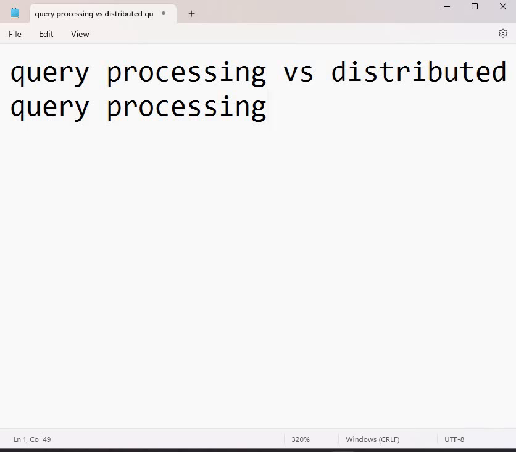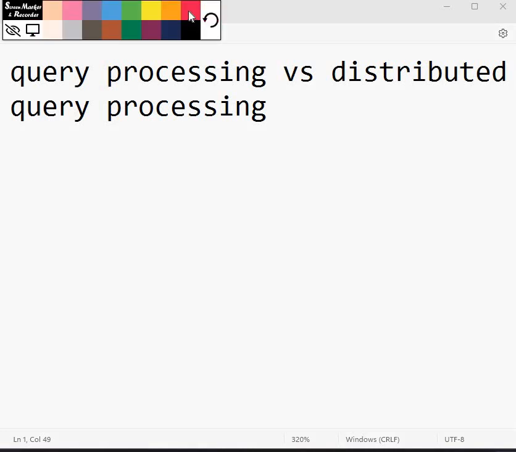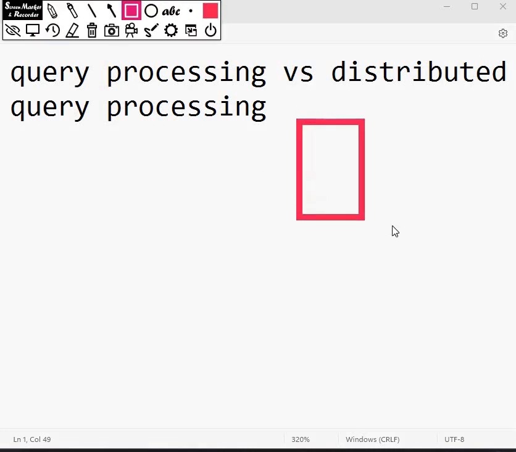Now let's talk about distributed query processing. Now this is a completely different game, a different way of working with the same data. Now, instead of a small library, suppose you have a massive library, and this library is actually spread across multiple buildings.